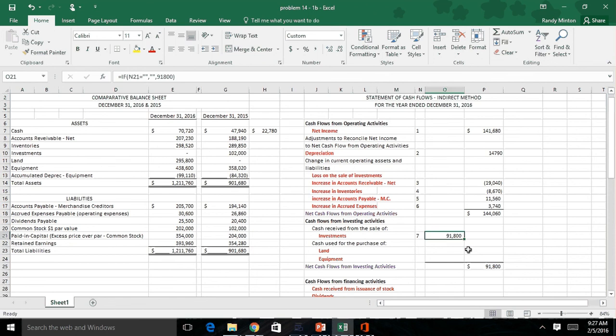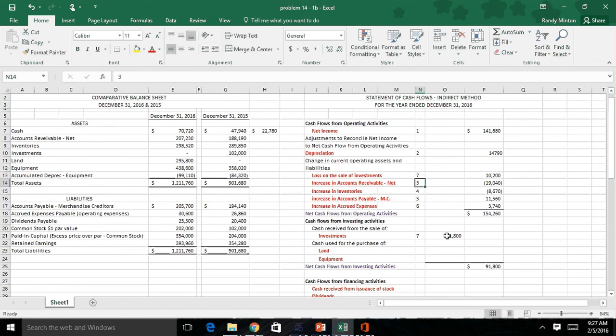Well, since I'm reversing this process, what I have to do is show the loss now as a plus, so that it all works through the system once I have put this number in here, right? So in other words, losses become positive cash flow and gains become negative cash flow. So I'm going to go ahead and put a 7 up here, so it's the same part of the same entry.